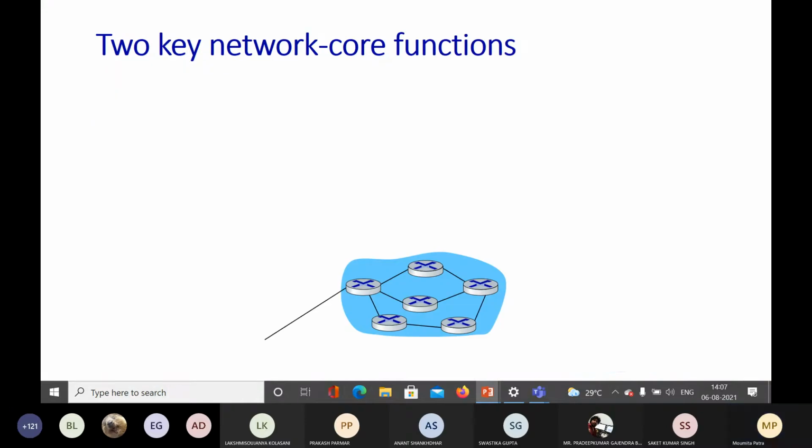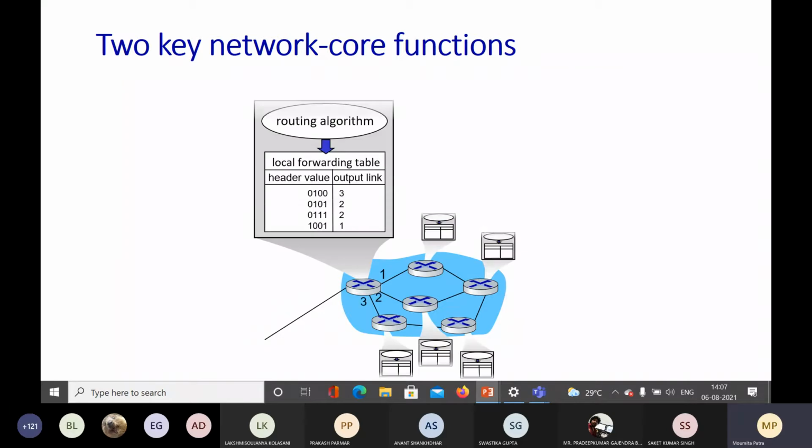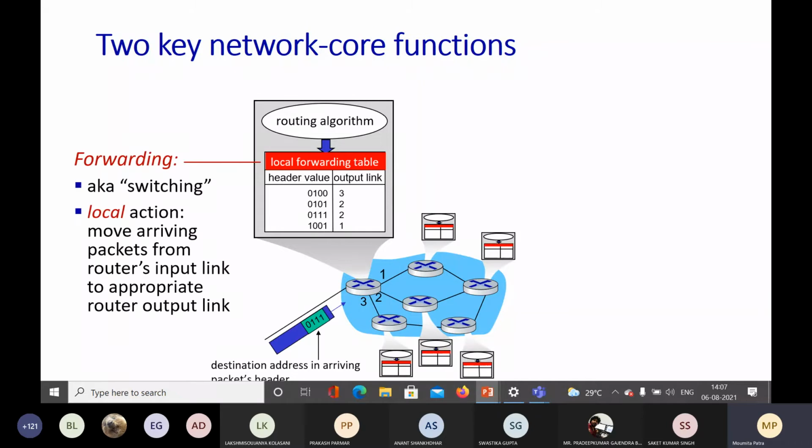Now, what are the functions that the network core provides? There are two key network core functions. One is known as routing, and another is known as forwarding.